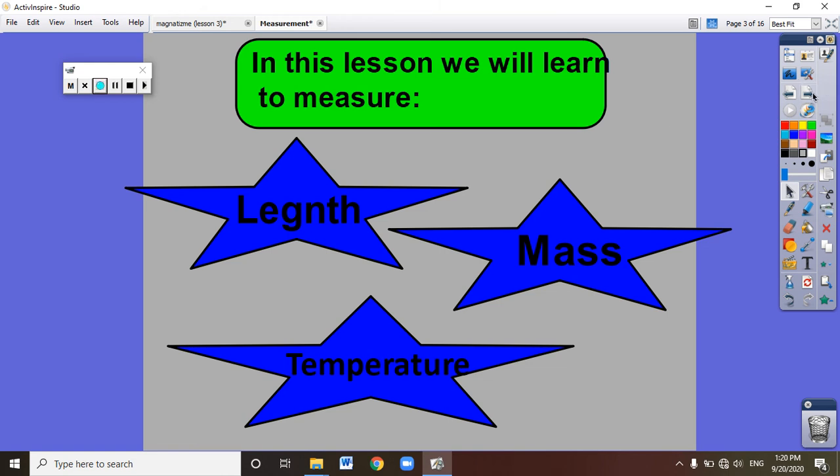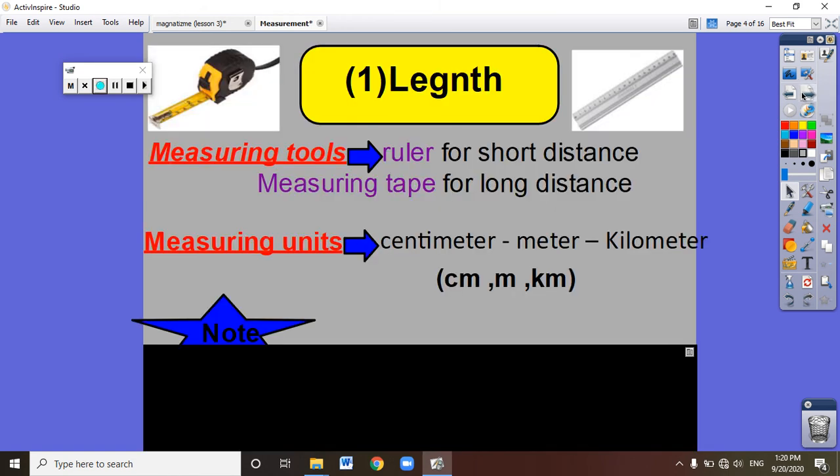Let's start with the length. What is the meaning of length? Length means how tall. When I say that this ruler is 20 centimeters, it means the length, or the tallness, of this ruler is 20 centimeters.